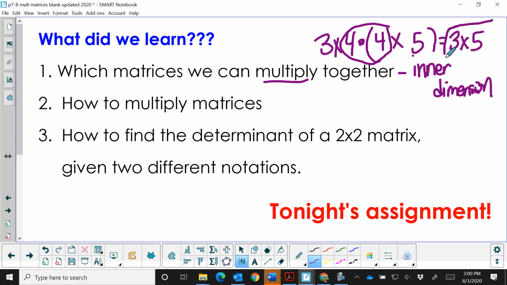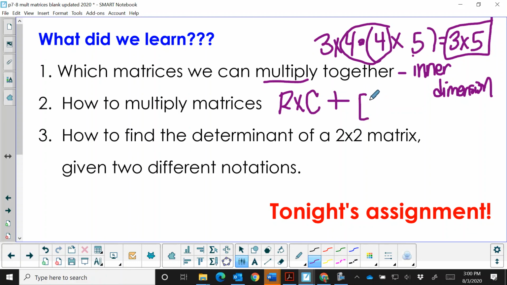That would be a big one. Let's hope we don't have to do that one, but that's how you would do it. Inner dimensions have to match. How do you multiply matrices together? Well, you take rows by columns and you add them together, and that gives you each element in the matrix.